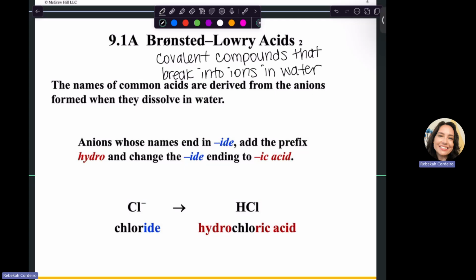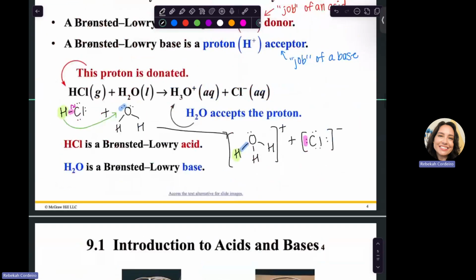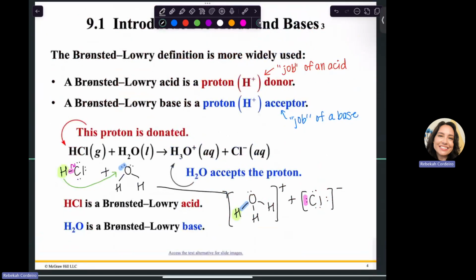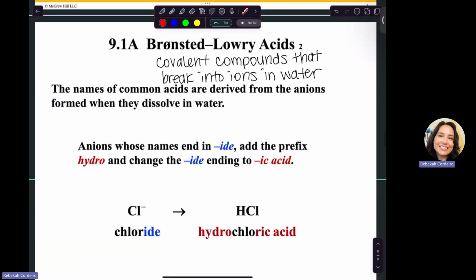So they're ionic, kind of, because they're making ions, but then they're covalent because they're bonded covalently together. So if you can see back up here in my example, we have covalent compounds, but then it made ions. And so we have to deal with acids a little separately. We name them a little differently. So what we do to name an acid is to look at the anion. So all acids have H plus.